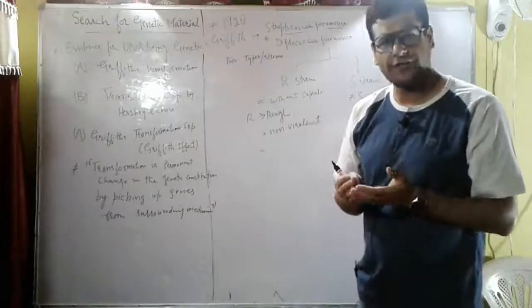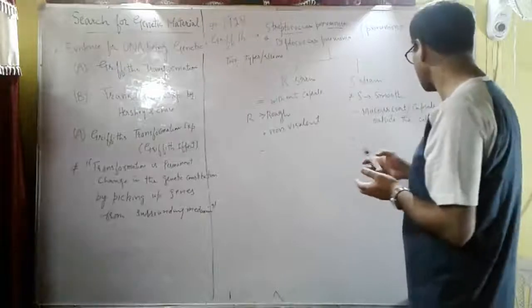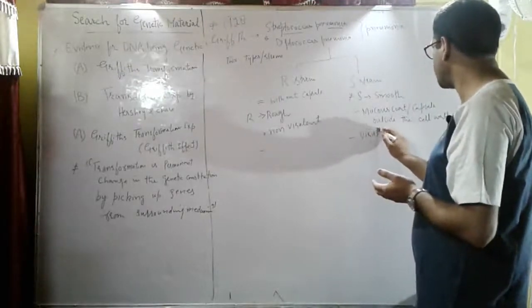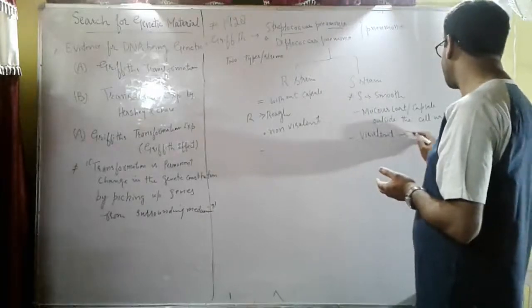That is why it is called the S strain. And this is virulent. That means it causes disease.